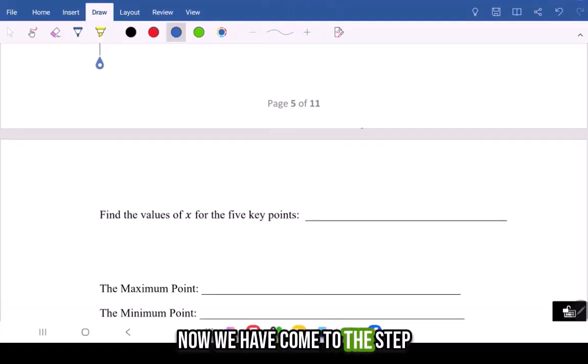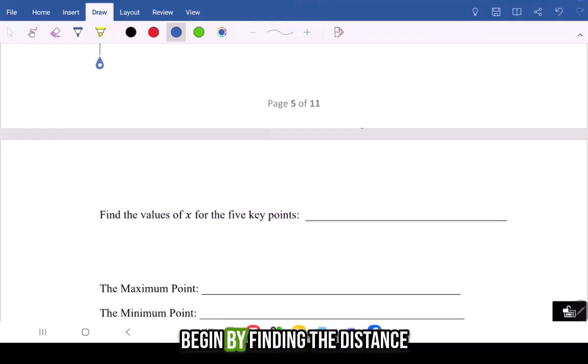Now we have come to the step where we'll need to find the values of x for the 5 key points. It's important to find those 5 key points of x first, because later on we will find their corresponding y values. They will give us a set of ordered pairs which we will plot on the graph, connect them, and get a complete graph of the function, right?